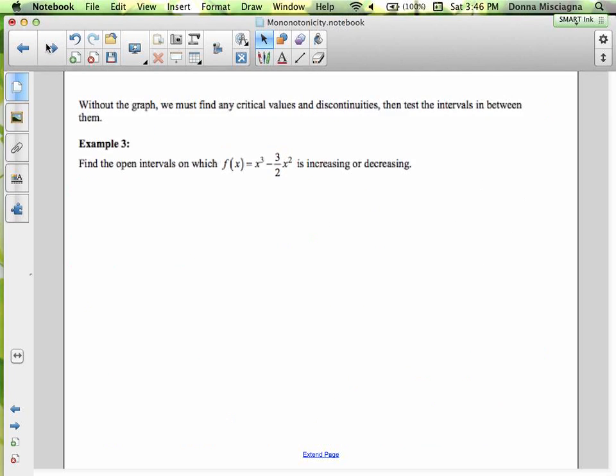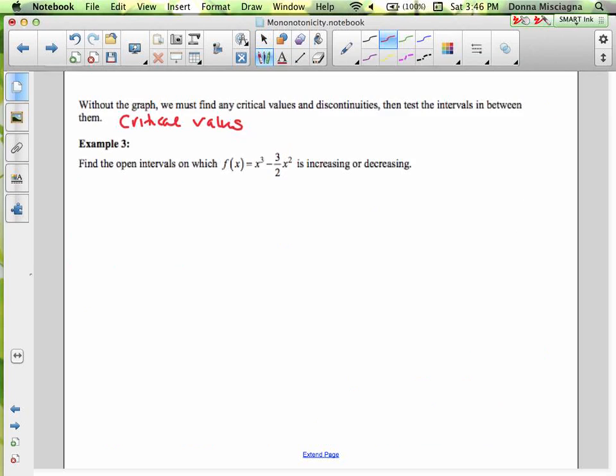All right, so without a graph, we must find critical values and discontinuities and then test the intervals in between them. Now, we got a vocabulary word here. So write this in your notes. What are critical values?